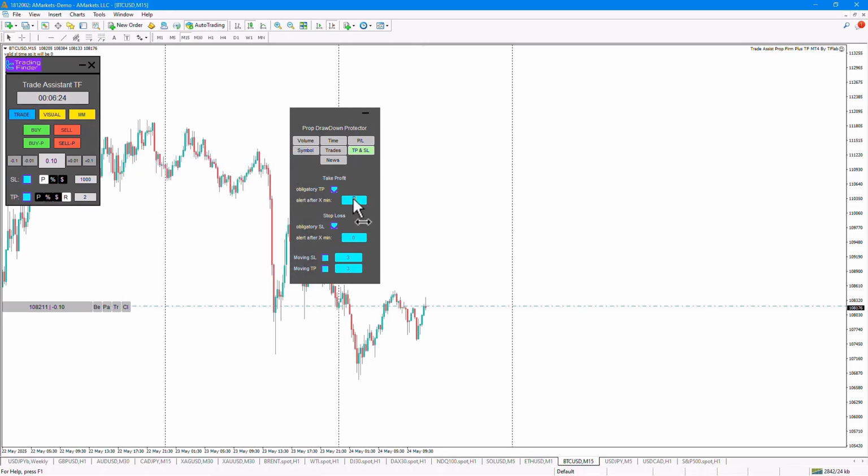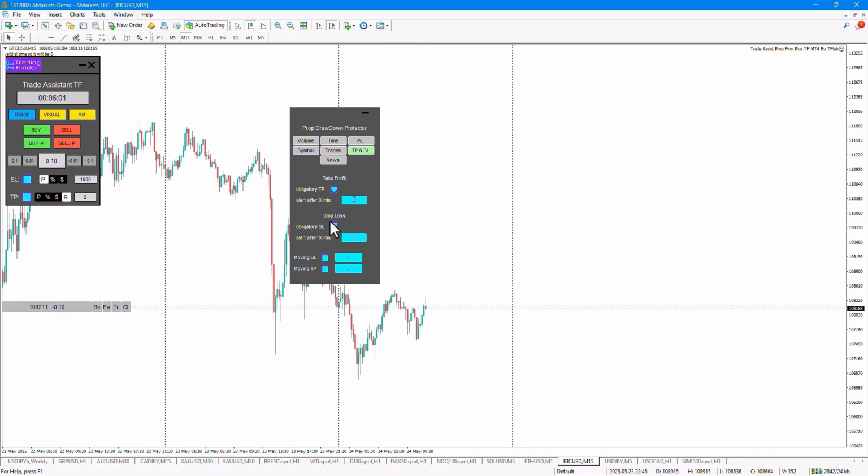In the lower section, we can set a time range for sending the take profit and stop loss warning. For example, if I enter a trade and I want to set a stop loss or take profit for it 5, 10, or 15 minutes later, I can use this section for that purpose.